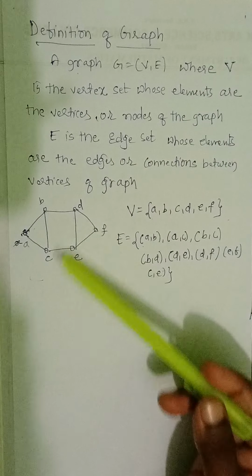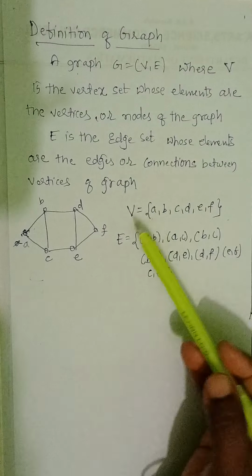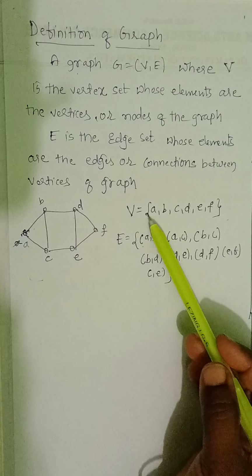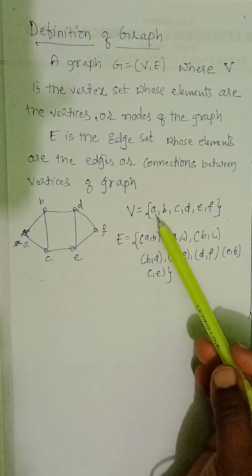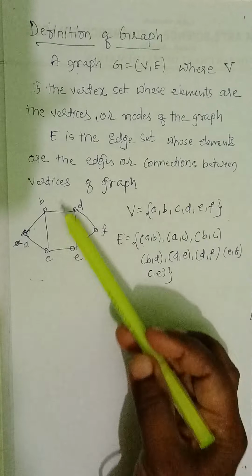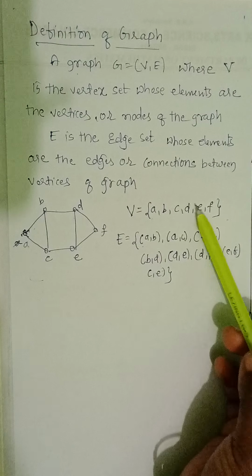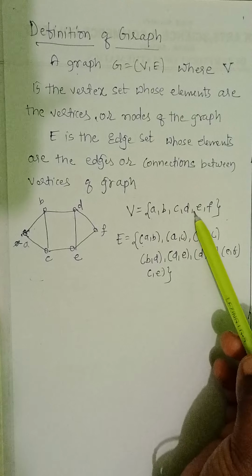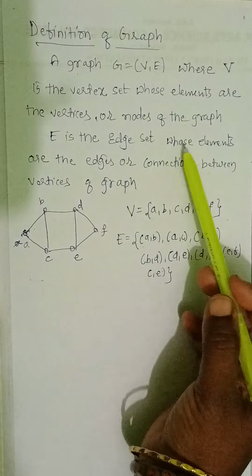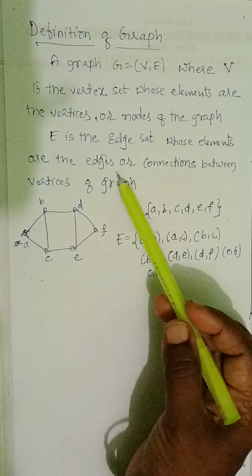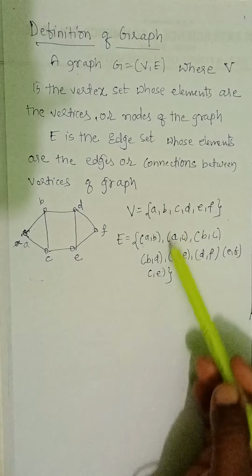Let us see a graph where V is the vertex set. Here V = {A, B, C, D, E, F}. So how many vertices? 1, 2, 3, 4, 5, 6 vertices. A graph has a vertex set whose elements are the vertices, and an edge set. E is the edge set whose elements are the edges or connections between vertices of the graph.